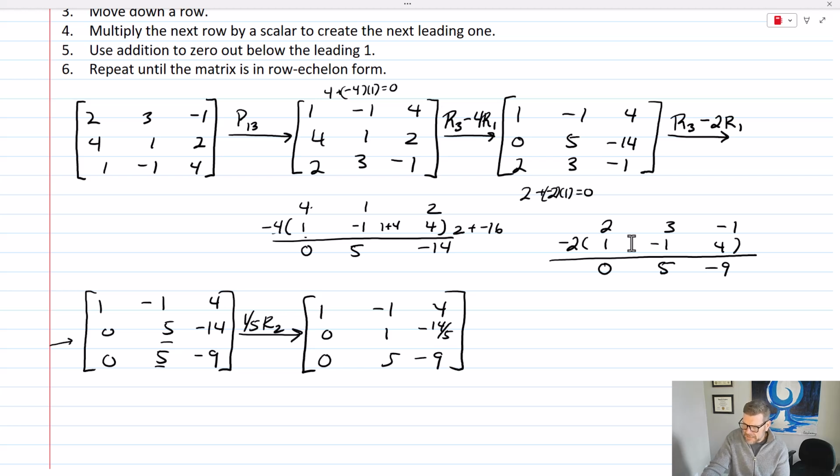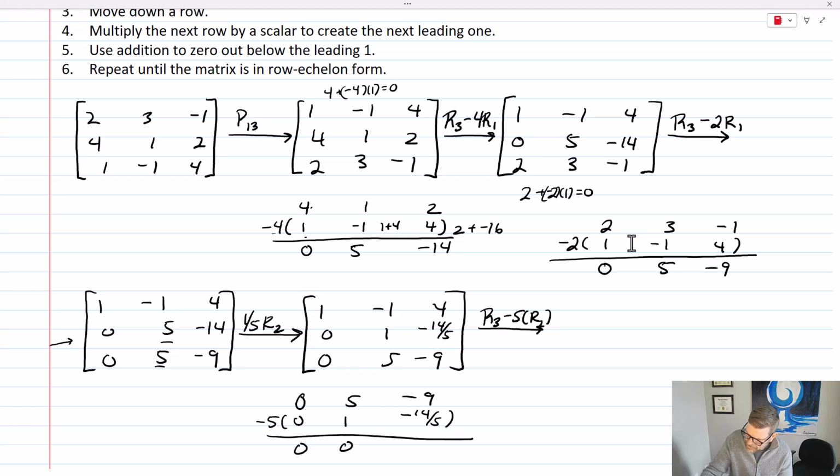We've now created a leading 1 inside of our second row. Now I'm going to use addition to zero out below that leading 1. And so that's going to be row 3 minus 5 times row 2. Okay? And so just a little scratch work, 0, 5, negative 9, negative 5 times 0, 1, negative 14 over 5.